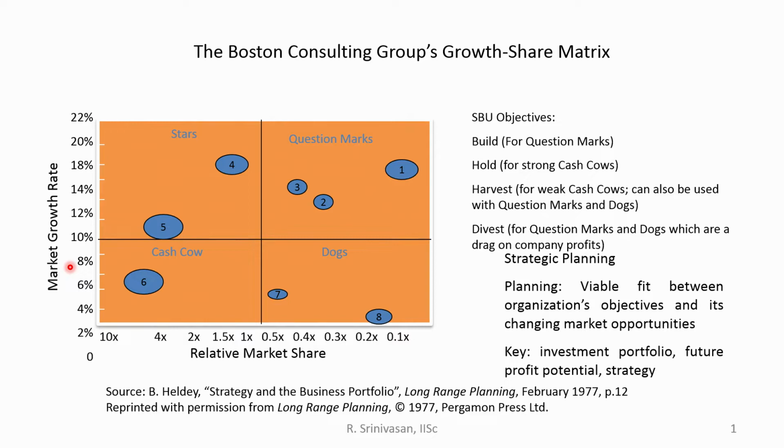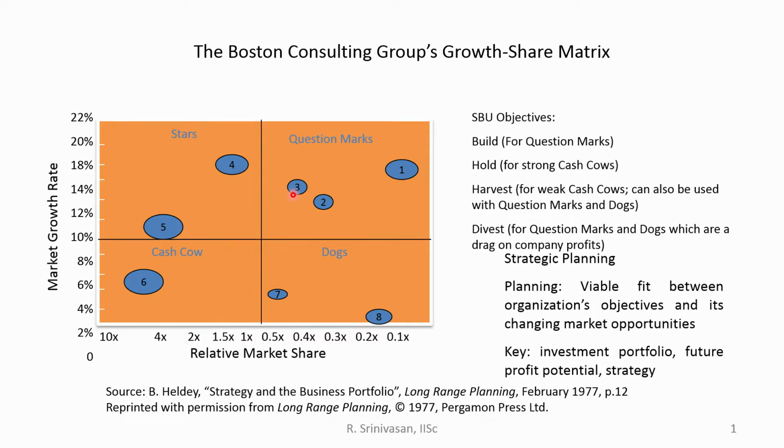This matrix is drawn for a hypothetical company, and you can see in this matrix that there are 3 SBUs which are in the question marks. What do you mean by saying there are 3 SBUs in the question marks?